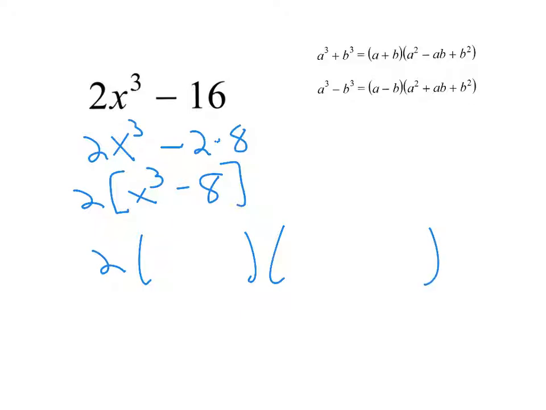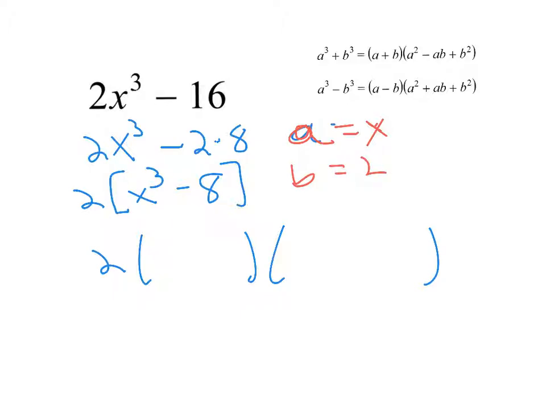We are going to use the bottom formula here, which is a minus b. So let's write down our A. Our A is x and b is 2.